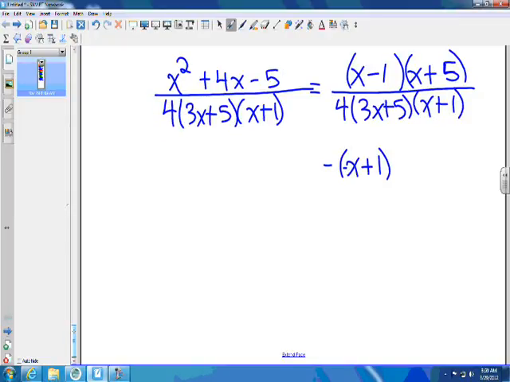That reminds me of one other point. If you were to have a problem like that one, I'm going to make that x minus 2. So what's the only problem there with the denominators? Your x here is positive and here it's negative. Your 2 is positive and here it's negative.